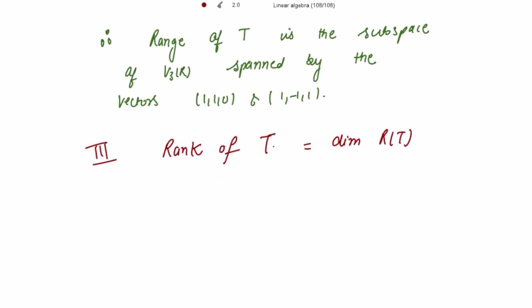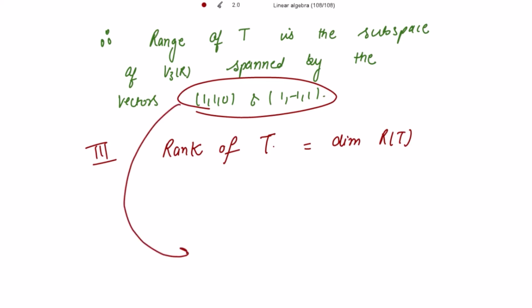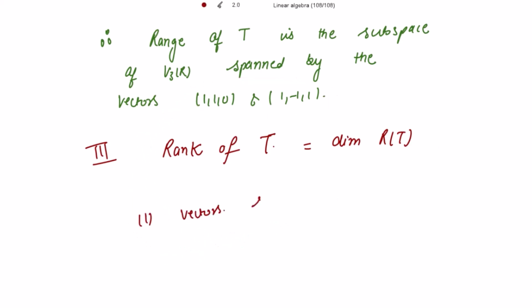Now because the range of T is spanned by these two vectors, if these two vectors are linearly independent, then we say that these two vectors form the basis for R(T). So for the basis, two conditions are there. Vectors should span the range of T, and second, these vectors should be linearly independent.